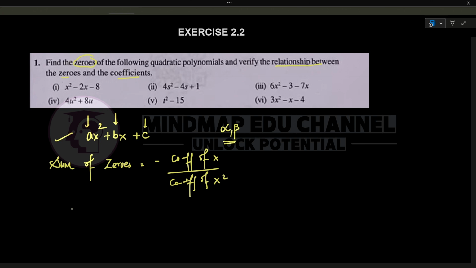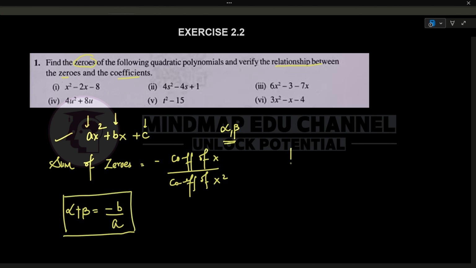So what does that mean? Sum of the zeros. So the zeros are alpha and beta. The sum, alpha plus beta, is equal to minus the coefficient of x, which is b, over the coefficient of x square, which is a.